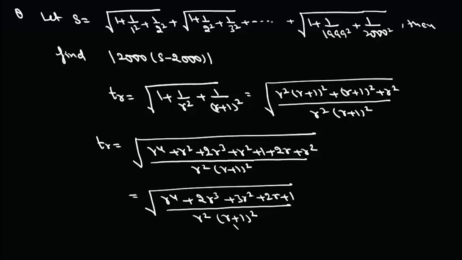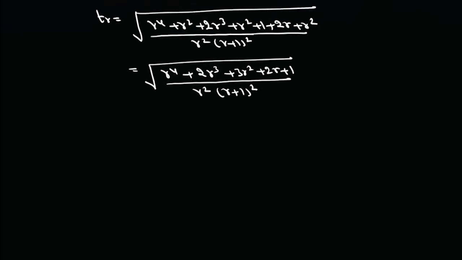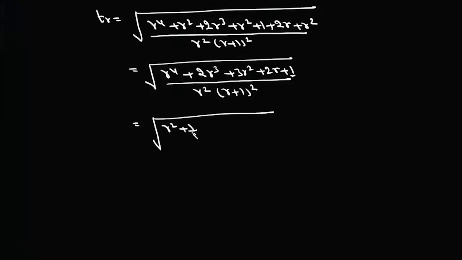Now if we divide everything with r square, we can write this as r square, and we'll take this 1, so it will be 1 upon r square plus, now this is 2r, and here will be plus 2 upon r plus 3 and upon (r plus 1) square.